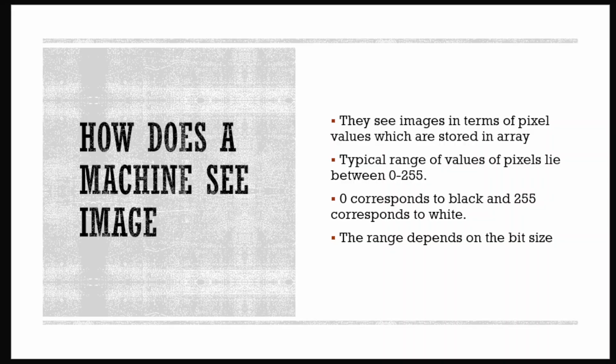Before we continue, I would say again, in a binary image, 0 corresponds to black, no light whatsoever, and 255 corresponds to white, the highest intensity.